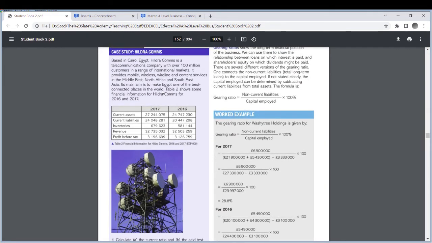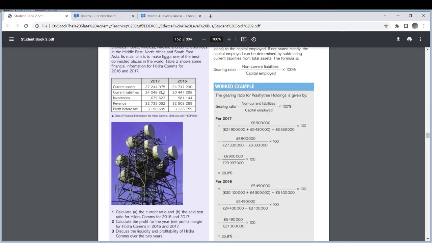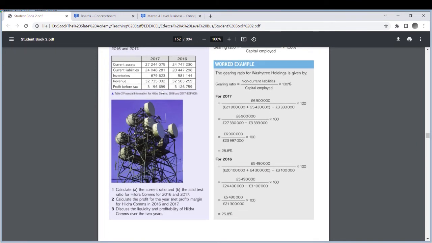So it's net profit, the profit before tax, divided by revenue, times 100. In some exam questions, it tells you either to ignore tax or it tells you the tax rate. Usually, when the tax rate is not given, it is 30% of profit. So this time, do it ignoring tax.